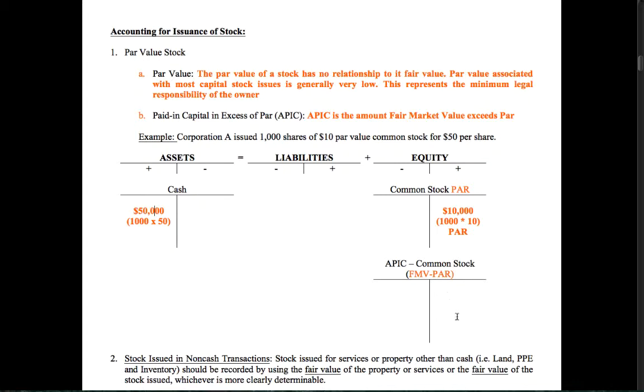And this balance, the $40,000, is comprised of the 1,000 shares times the difference between the fair value and the par amount, which was 40. As you can see, our assets of 50 equals our equity, and we have zero liabilities. Therefore, the equation balances.